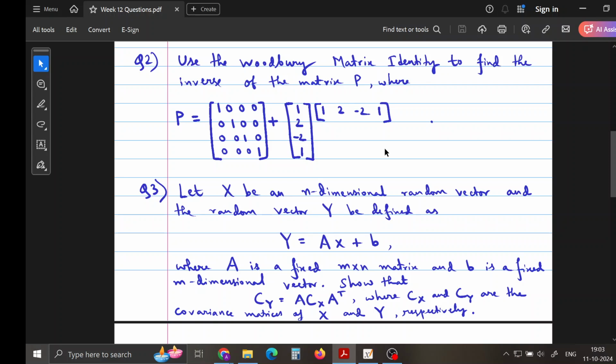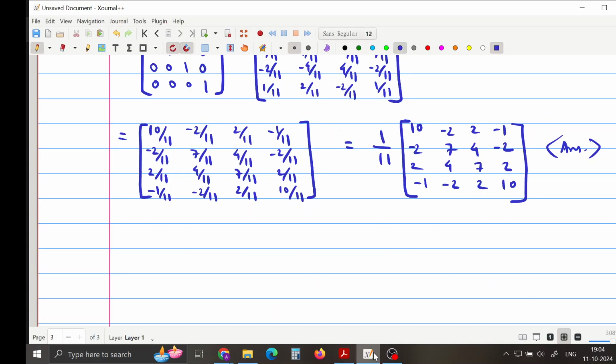We have seen this in our actual lectures as well. You can go back, but let's see. So this we have to prove actually. Cy is the covariance matrix of the random vector y, and Cx is the covariance of the random vector x, and we have to prove this relation. So let's look at it.